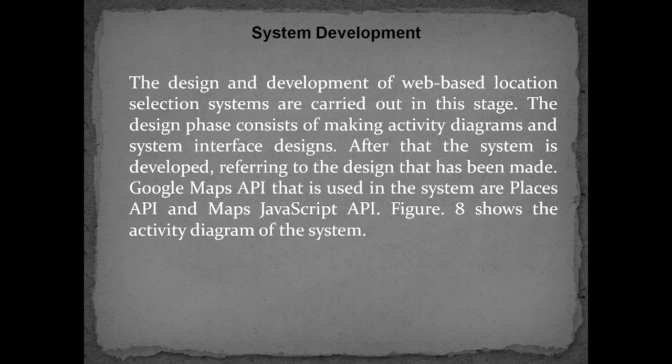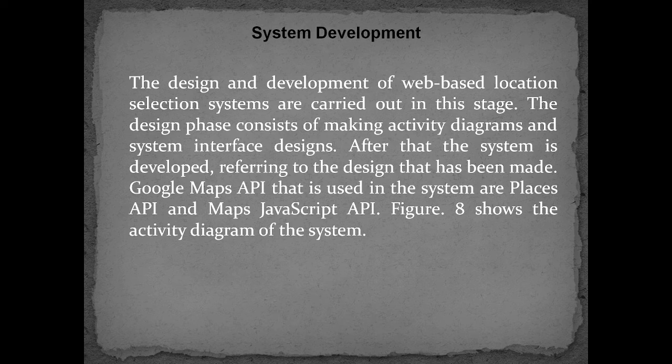System development. The design and development of the web-based location selection system are carried out in this stage. The design phase consists of making activity diagrams and system interface design. After that, the system is developed, referring to the design that has been made.